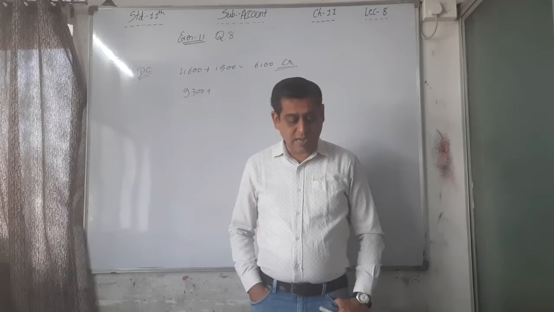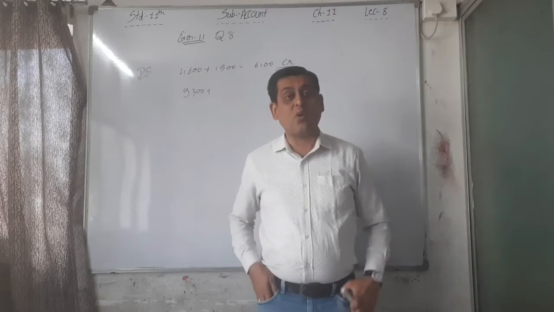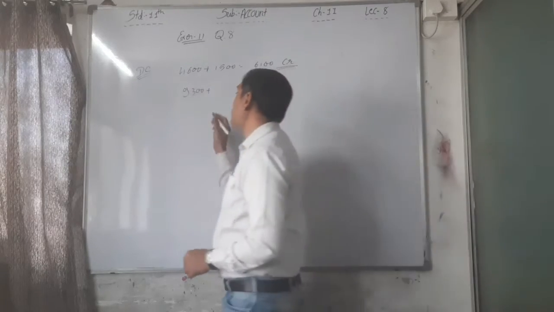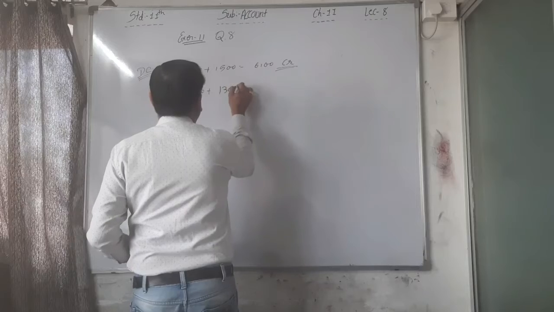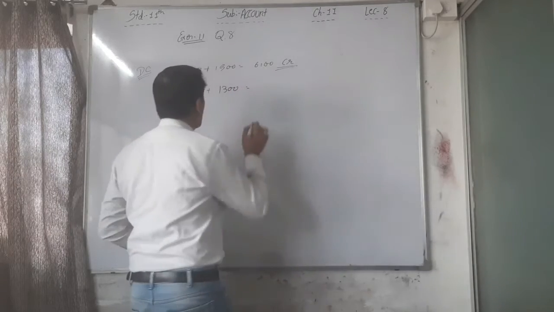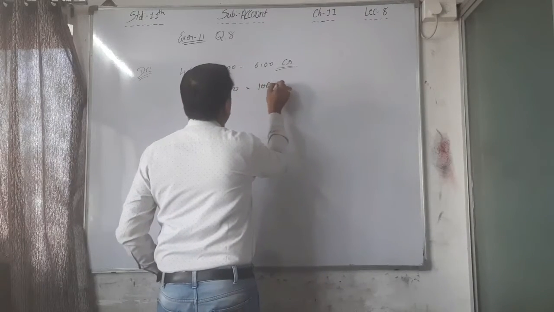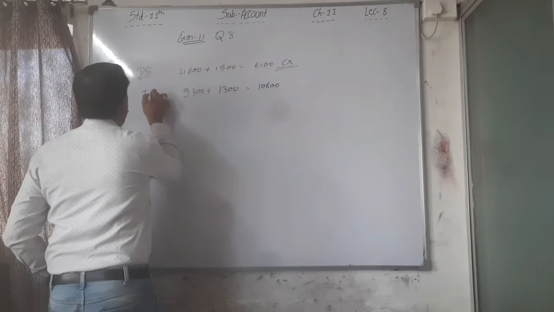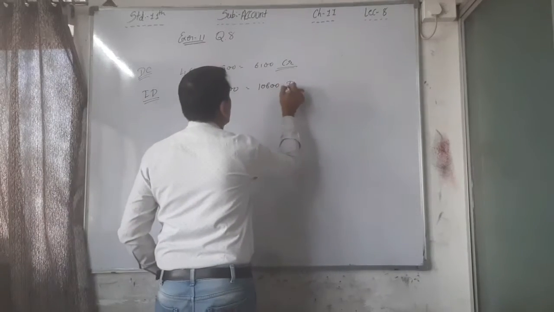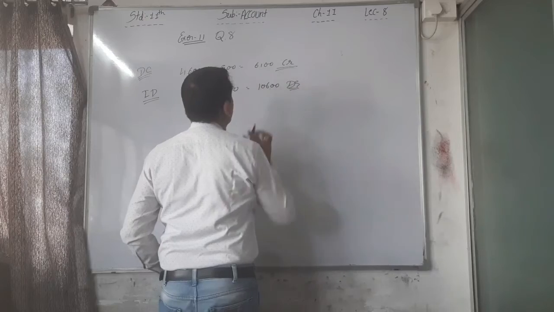The last check, 1300, was recorded on the 2nd January, that's why 1300 we have to record in the BRS. So the total amount is 10,600 DC, then now ID. That's why this amount is debited.